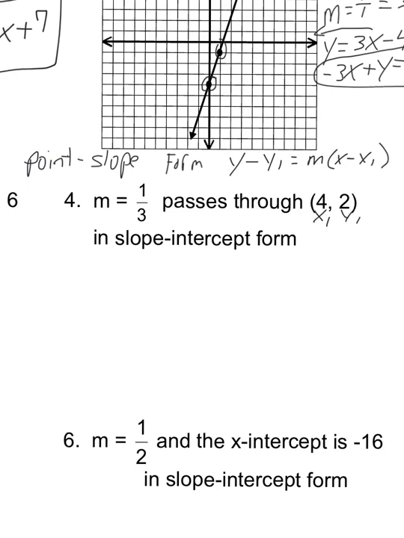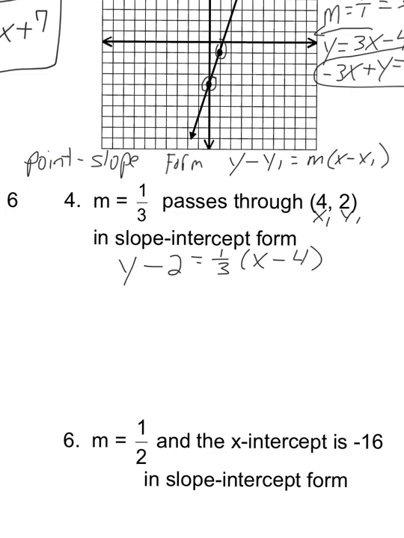Those are both 1s because there are no 2s. Now we can plug it straight into our formula. y, which is built in, minus, which is built in, y1 is 2, equals my slope, which is 1/3, times x minus, which is built in, x1 is 4.